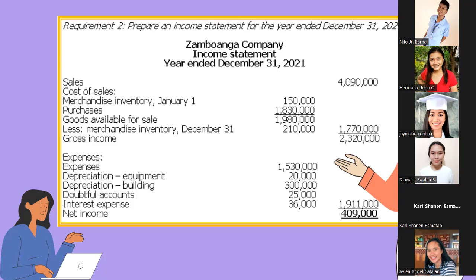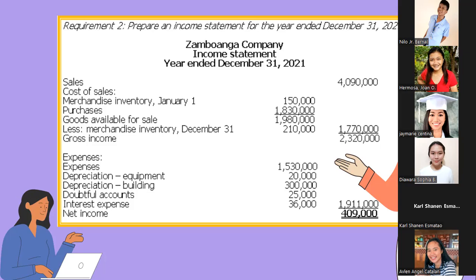Now, how come that in your problem, you still made an adjusting entry for depreciation on the machinery and equipment and on the building for the previous year?